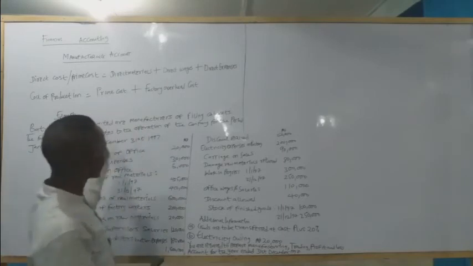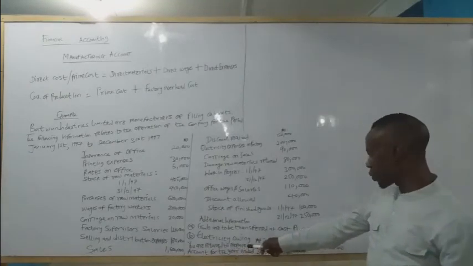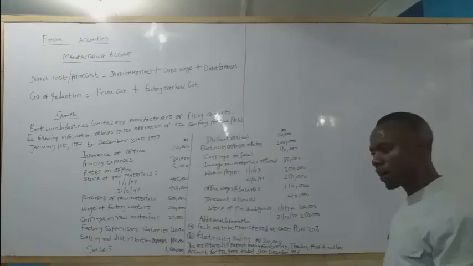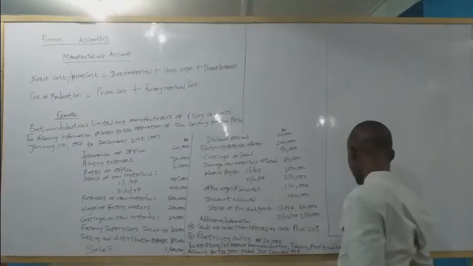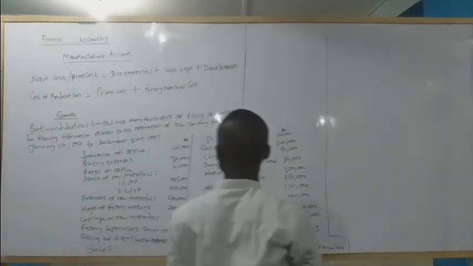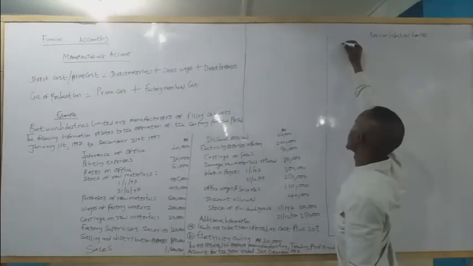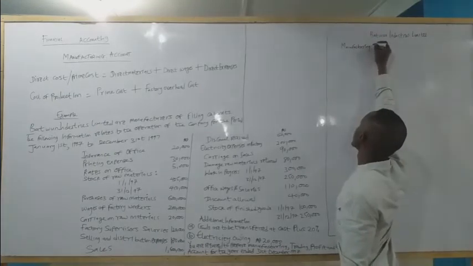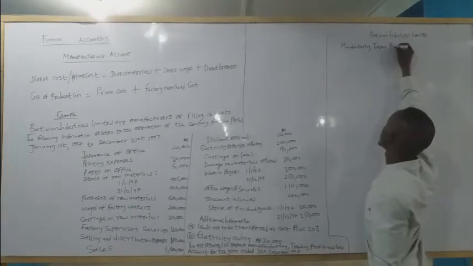So now we come back to this question, and I'm going to take it because it asks us to prepare the manufacturing, trading, profit and loss account for the year ending 31st of December 1997. So we do that quickly. Baswan Industries Limited.